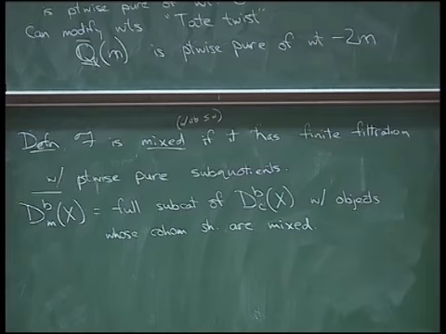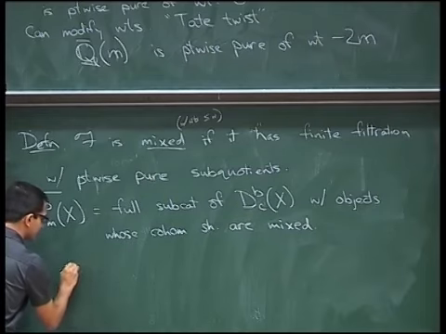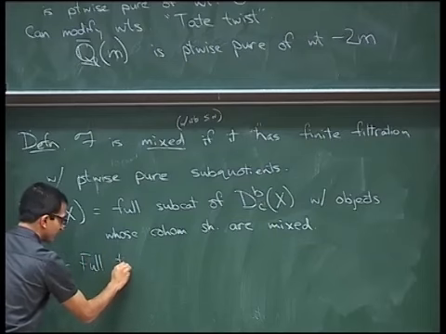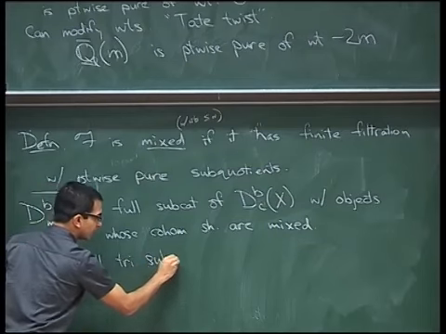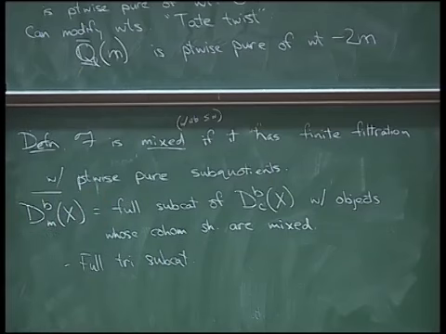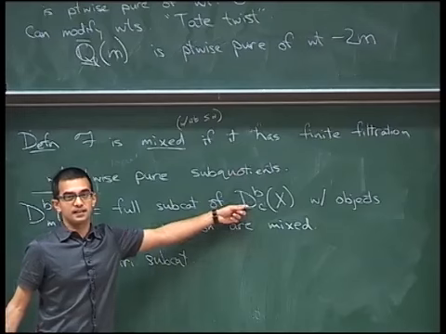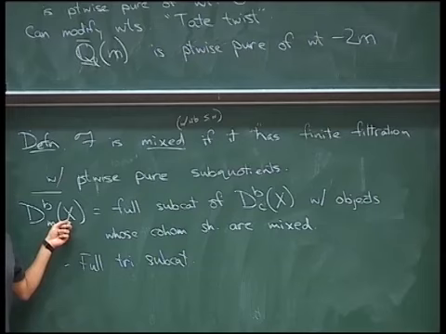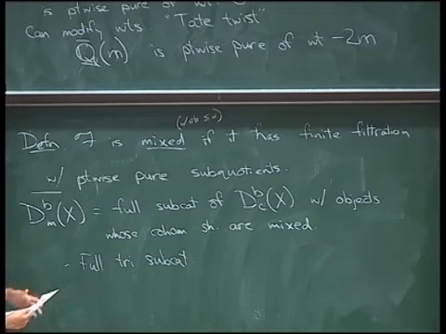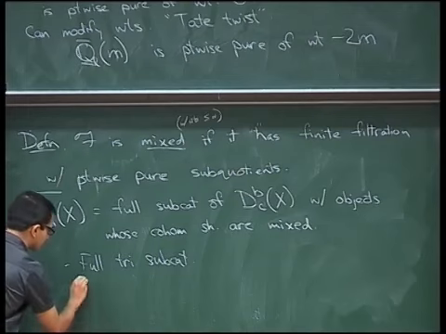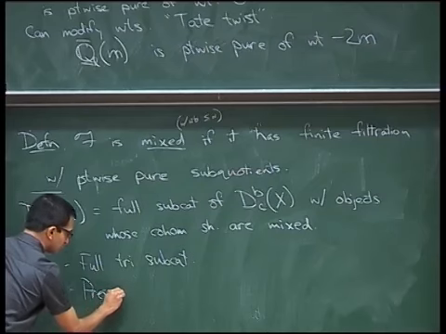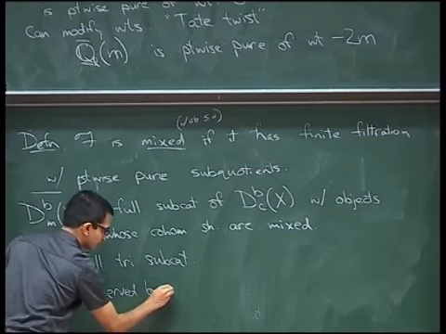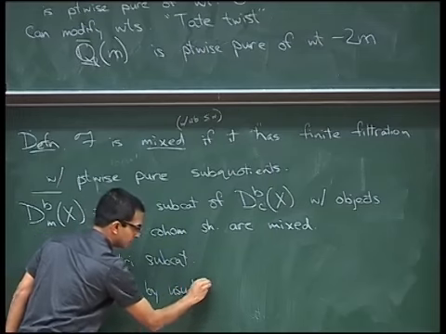And then this is a full triangulated subcategory. So again, just as with this category, that means that when you have a morphism of two objects in here, and you form the cone of that, the cone is again a mixed object. So that ends up in the same category, and this category is preserved by all the usual sheaf operations.